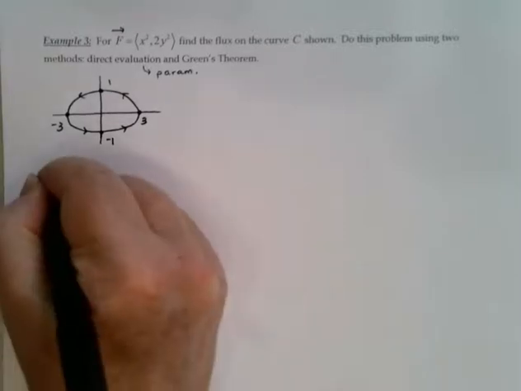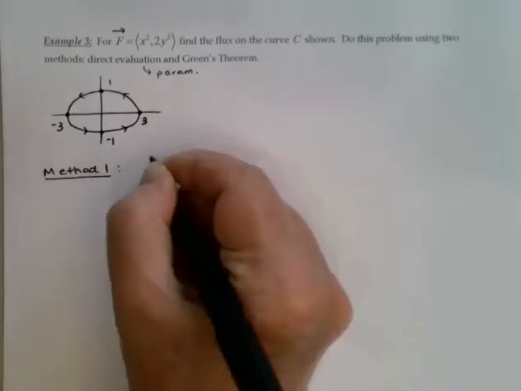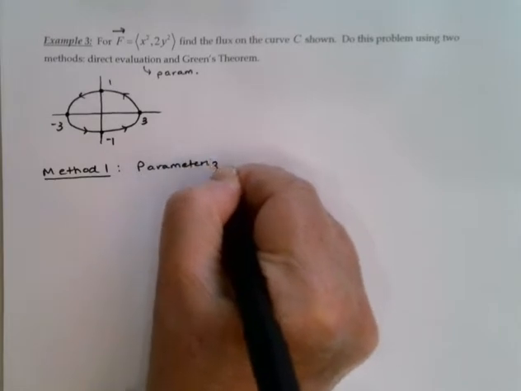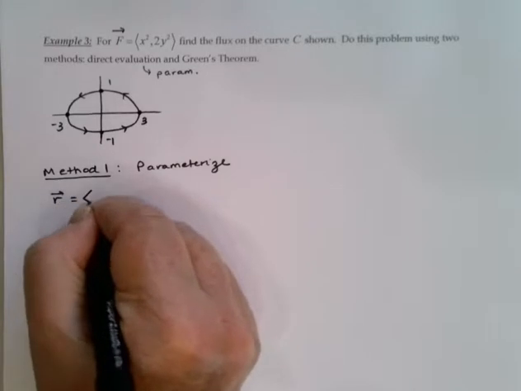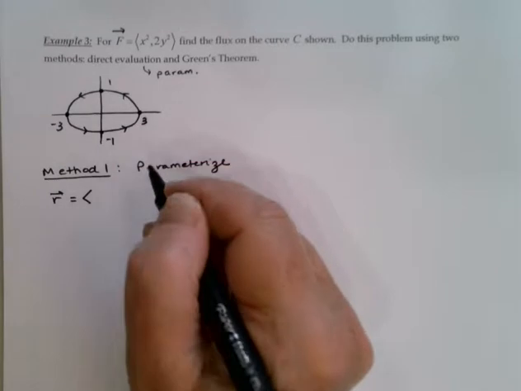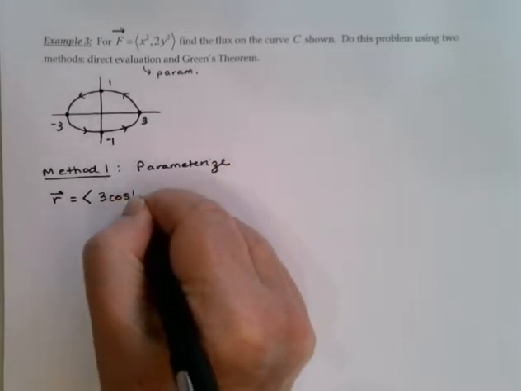All right, so method 1, let's parameterize. Parameterization here, since we're going counterclockwise, we'll use cosine for the x, and that will be a 3 cosine t.